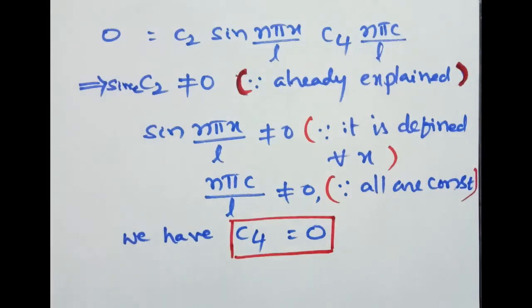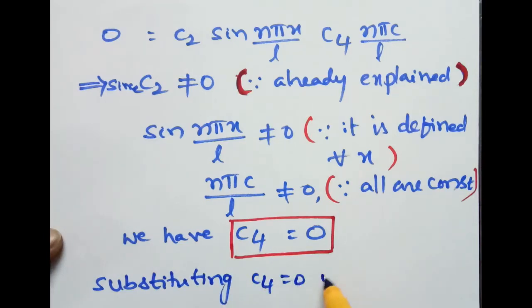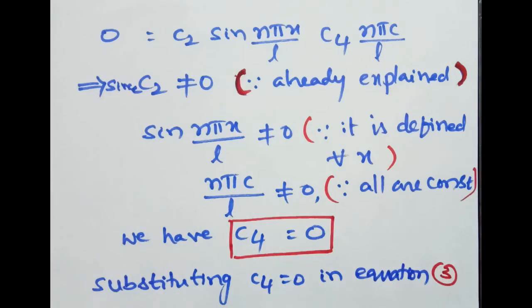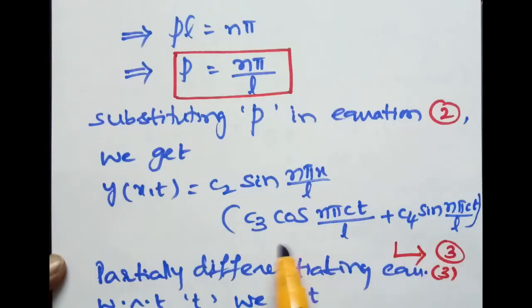Now substituting c4 equal to 0 in equation number 3. Now c4 equal to 0 here.